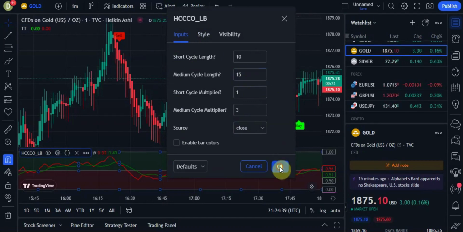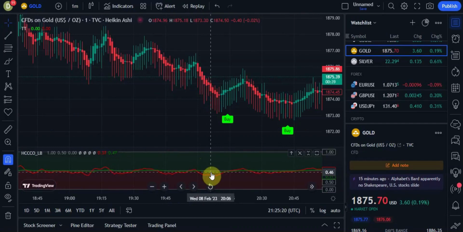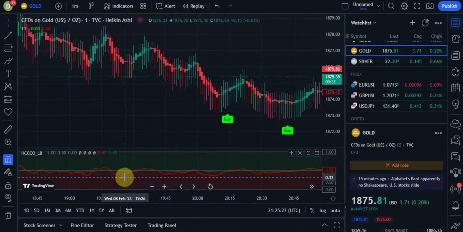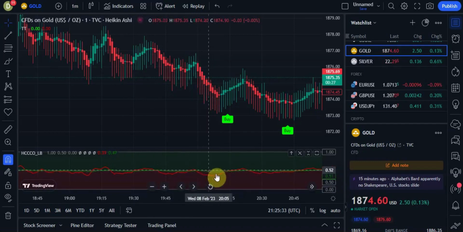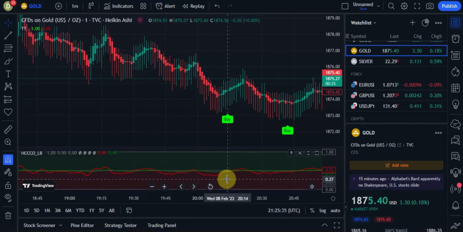Hit OK. So with this indicator, we can see we have two lines in the middle here. We have a red line and also a green line. Whenever the red line is above the green line, then we know we're in a downtrend. And whenever the green line is above the red line, then we're in an uptrend, okay?